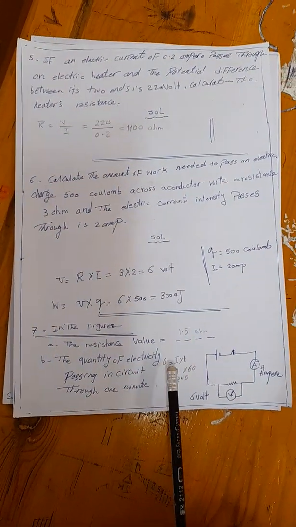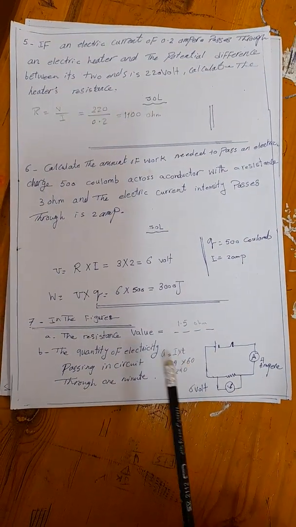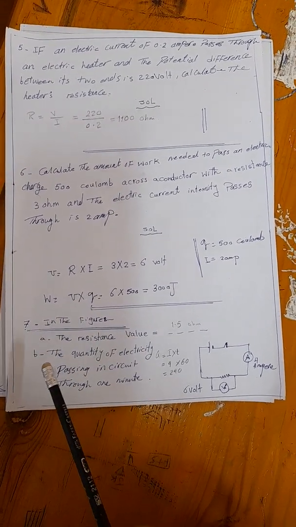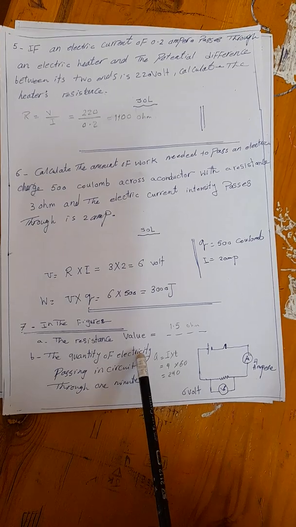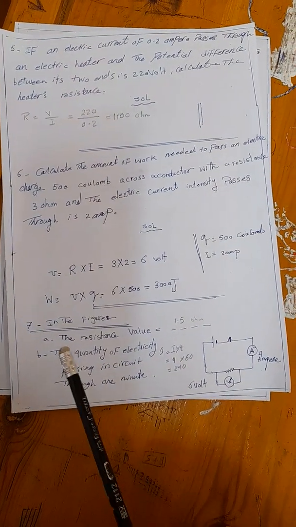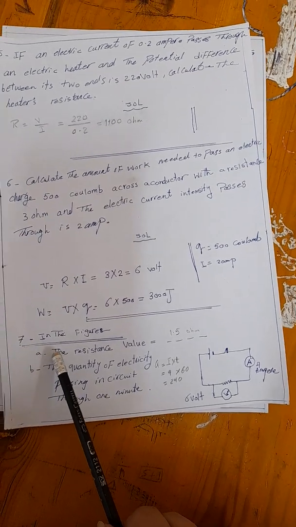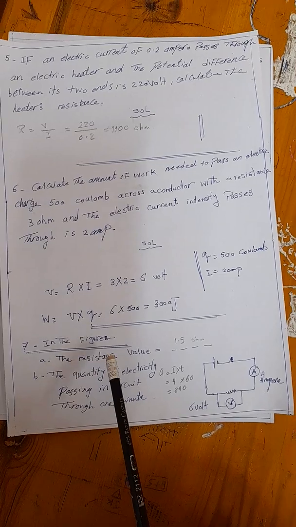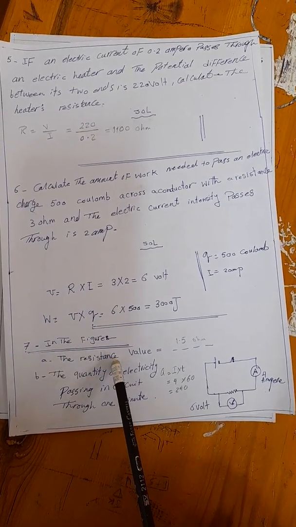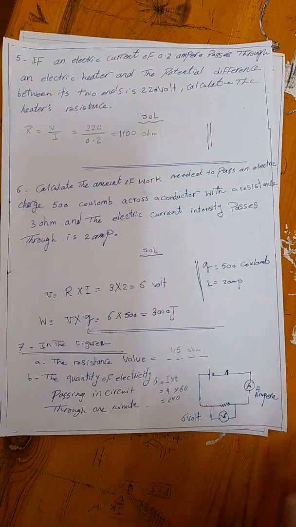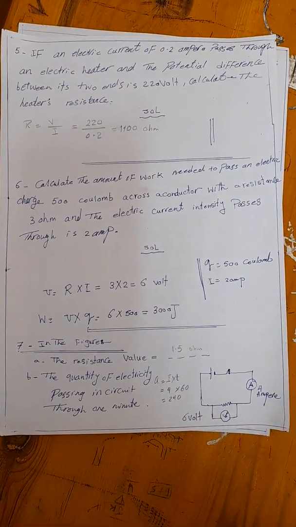In the opposite figure, calculate A, the resistance value, and B, the quantity of electricity passing in the circuit through 1 minute. Number A first, the resistance R. From Ohm's law, R equals V over I, potential difference over electric current intensity.